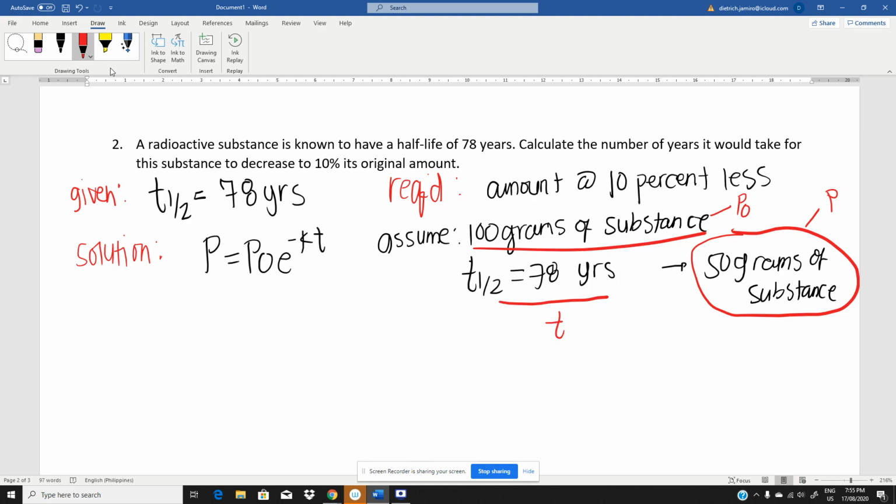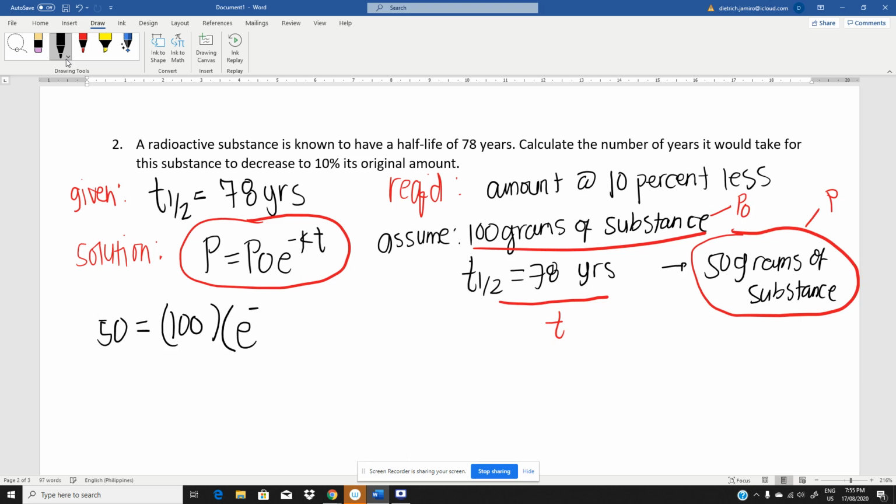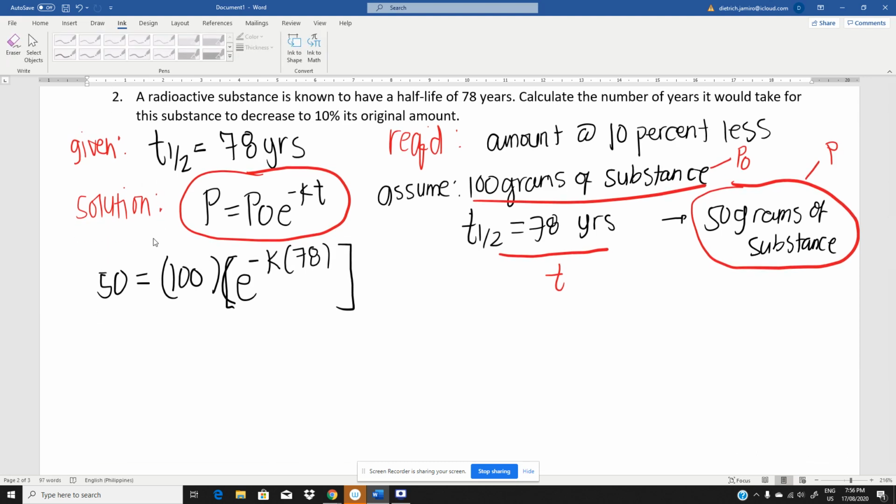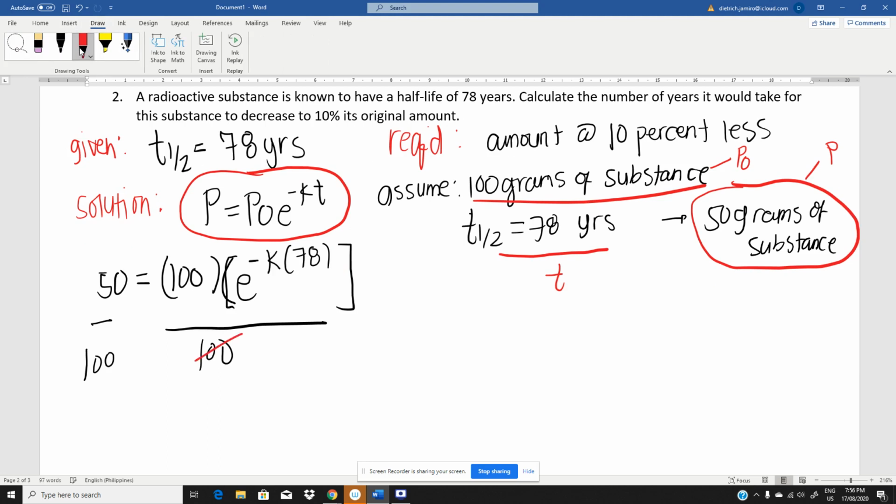Substituting this into our equation, we will have P, which is 50, equal to P sub O, which is 100, multiplied by exponential of negative K multiplied by T. Our T is 78. Solving for K, we first divide both sides of the equation by 100, so the 100 will cancel out on this side.